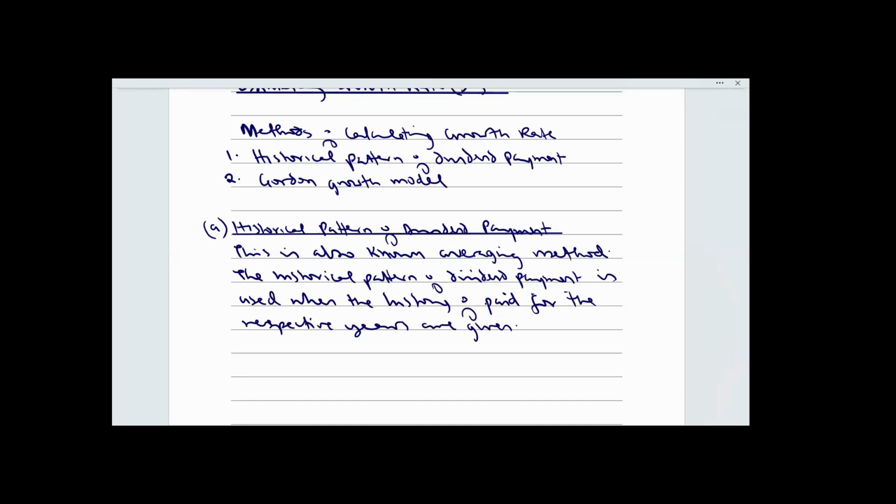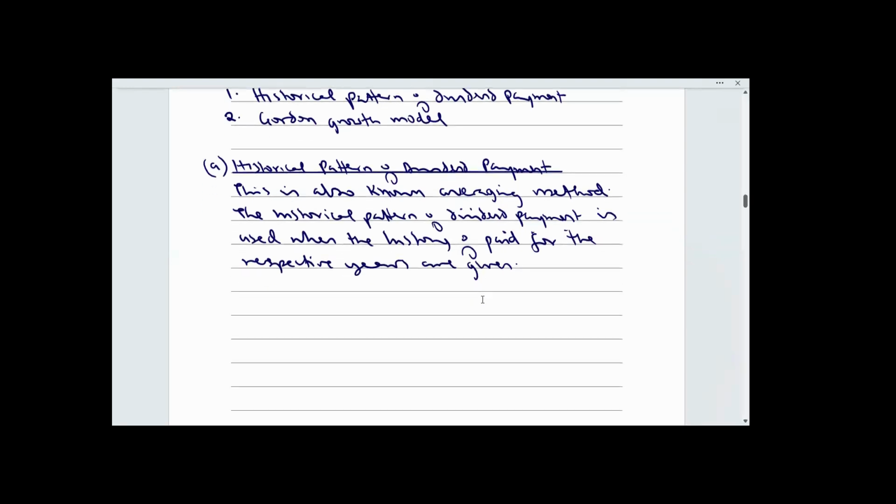So if the examiner has shown you in the question the dividend paid for the first year, the second year, the third year, the fourth year, so you are given the dividend paid across the relevant years, it means that you are going to use the historical pattern of dividend payment to compute your growth rates.